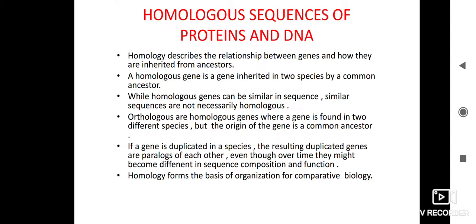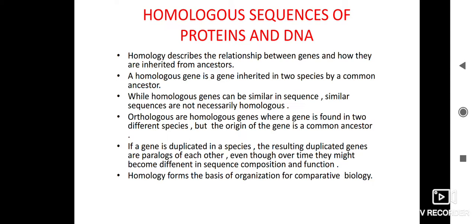A homologous gene is a gene inherited in two species by a common ancestor, while homologous genes can be similar in sequence, similar sequences are not necessarily homologous. Orthologs are homologous genes where a gene is found in two different species but the origin of the gene is a common ancestor.